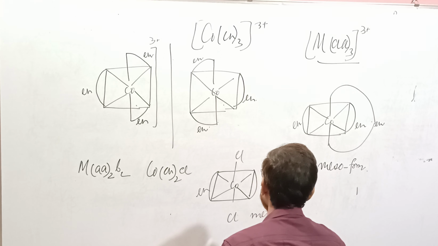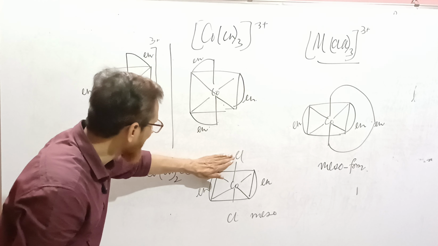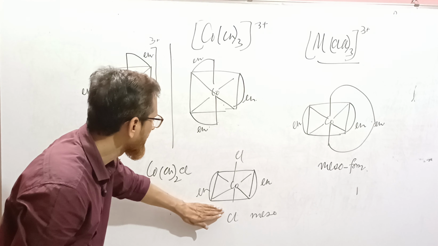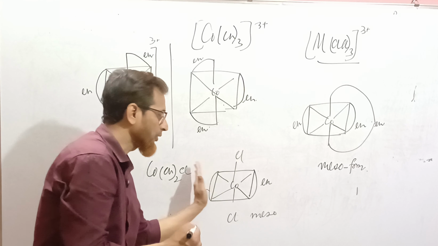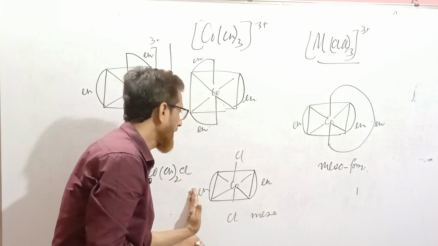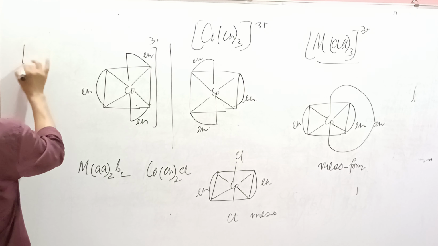This is the meso form. Earlier I showed one en here, other en here, and two chlorine here. When the side changes, two chlorine here and one en here, other en there.